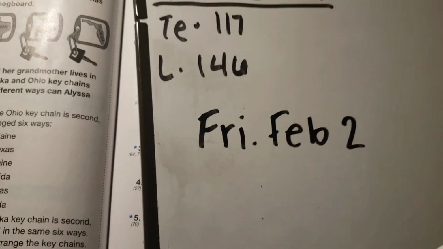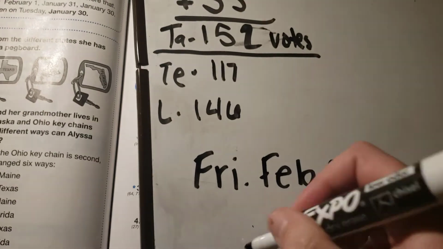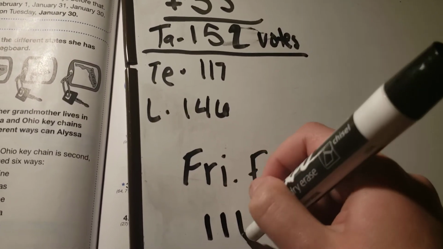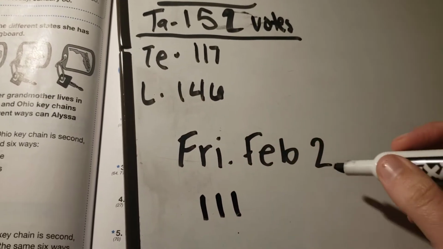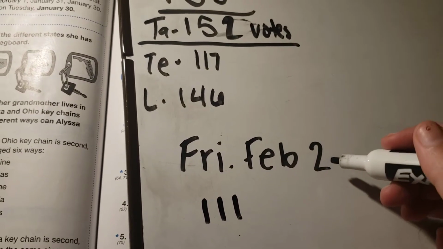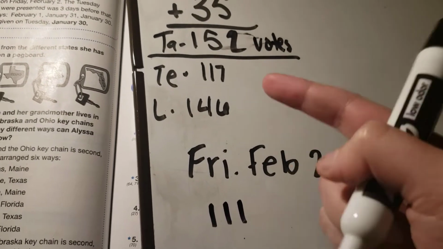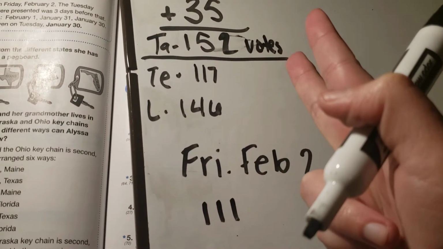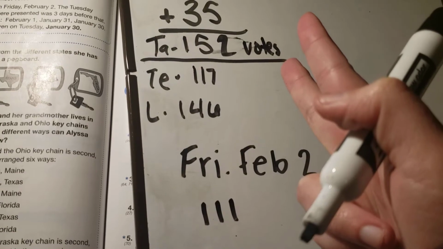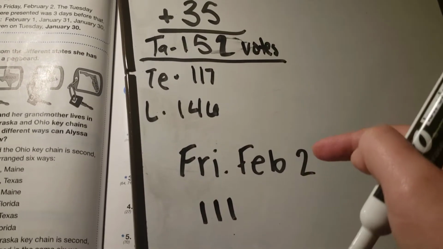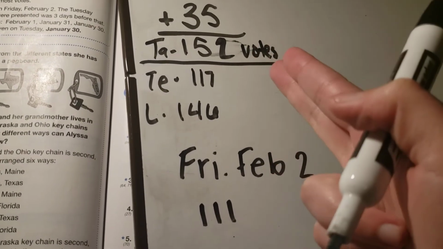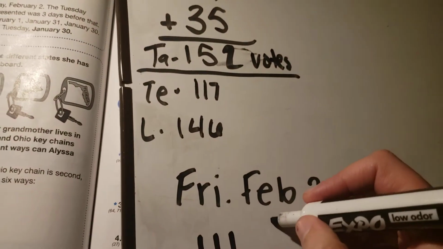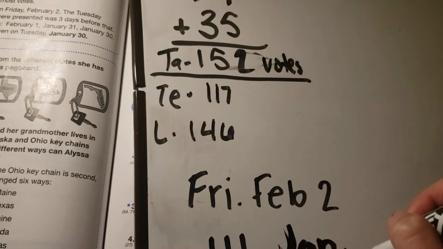If we count back from Friday to Tuesday, so we go Friday, Thursday, Wednesday, Tuesday, so 3 days before. And 3 days before February 2nd, we can go February 1st, January 31st, because remember we count on our knuckles, January is 31 days, so February 1st, January 31st, January 30th. So it should be January 30th.